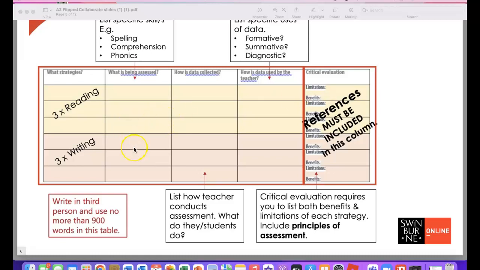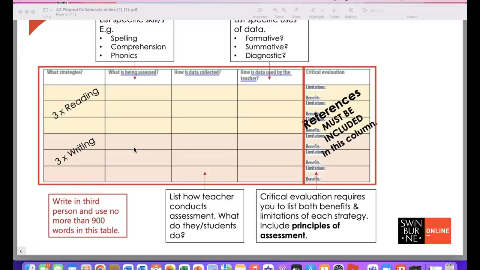Getting back to writing, it's really going to be broken down into two key areas. When we think about writing, we're thinking about the mechanics of writing. There'll be things like paragraphs, sentence structure, complex sentences, simple sentences, punctuation, grammar, all of those.